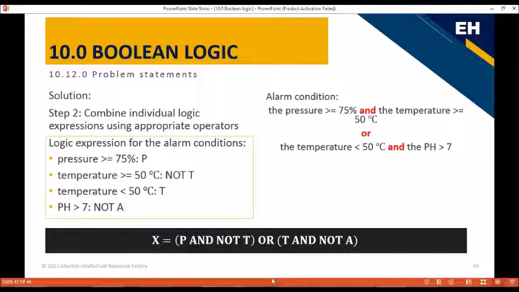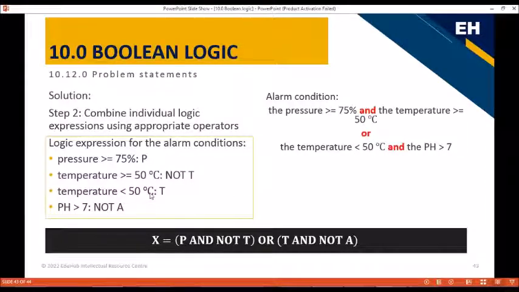Enclosed within parentheses. Before we have OR, this OR here, replaced here with the OR gate. Okay? Now temperature is less than 50 degrees Celsius.